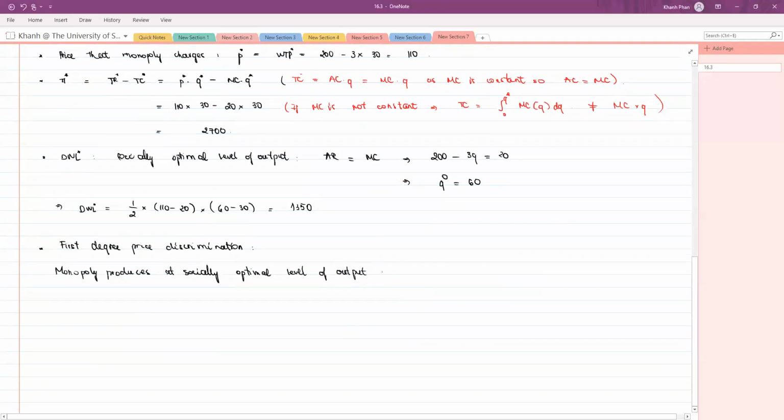All right, which is basically at the point where the average revenue is equal to marginal cost, and so the quantity is going to be 60. All right, so the firm is going to produce 60 units of output.